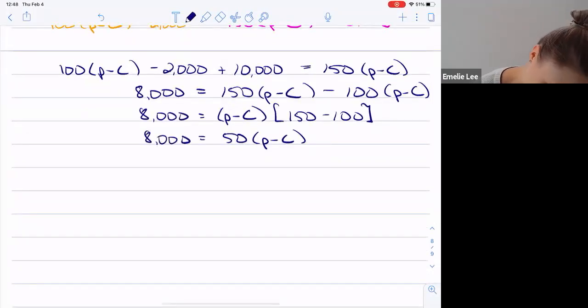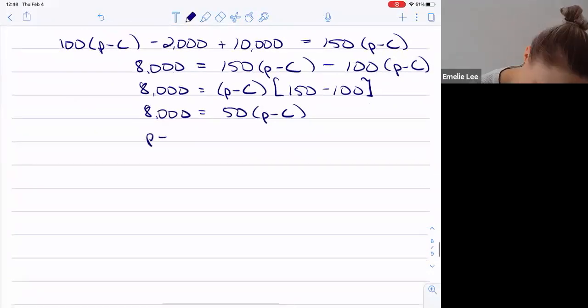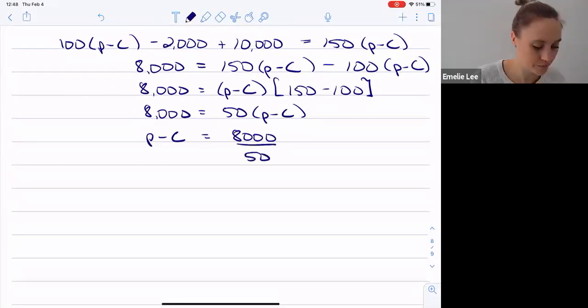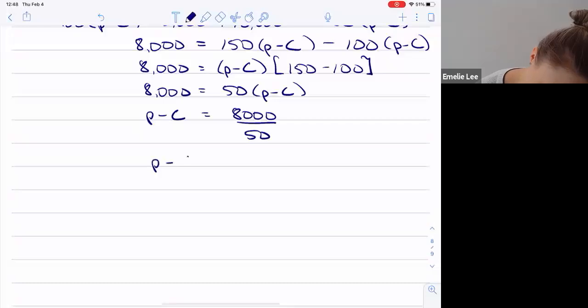8,000 on the left-hand side. So then P minus C is 8,000 divided by 50. 160. So then P minus C is 160.